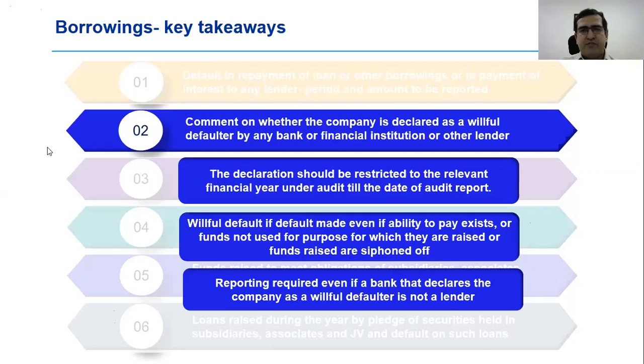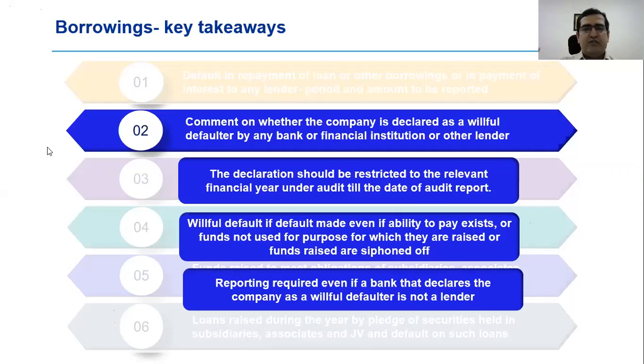Now, when it comes to reporting under this clause, a couple of relevant items to keep a note of. The first item is that company A, for example, may not have taken a loan from bank A, but if bank A has identified company A as a willful defaulter for any specific reason, maybe it's part of a consortium, there is no direct lending, and there is a willful default that another consortium member has made.